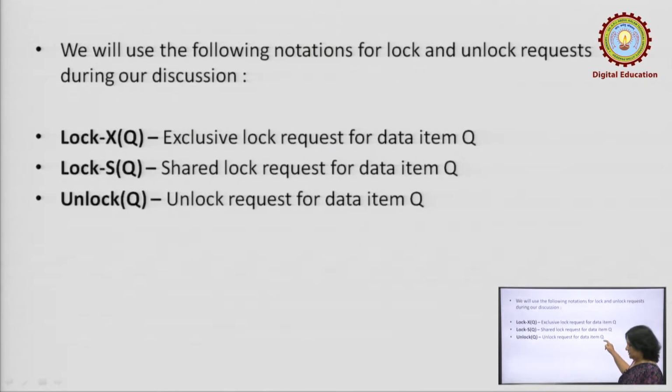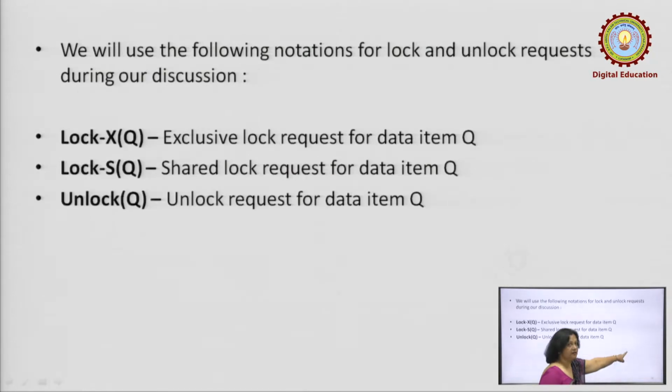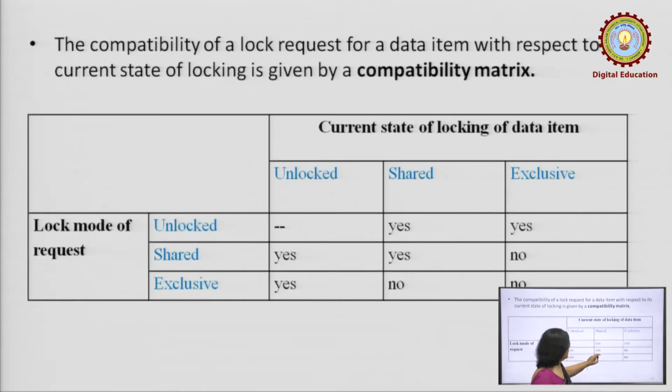The shared mode lock is not compatible with the exclusive mode; that is, if a data item is already locked in the shared mode by a transaction, then it cannot be locked in the exclusive mode by another transaction. The exclusive lock is not compatible with the shared lock, so a data item locked in the exclusive mode cannot be locked in the shared mode. Exclusive mode is not compatible with the exclusive mode, which means that a data item locked in the exclusive mode cannot be locked by another transaction in the exclusive mode.